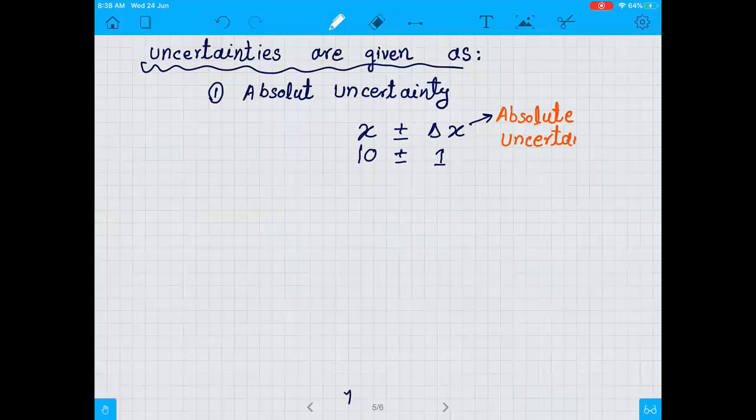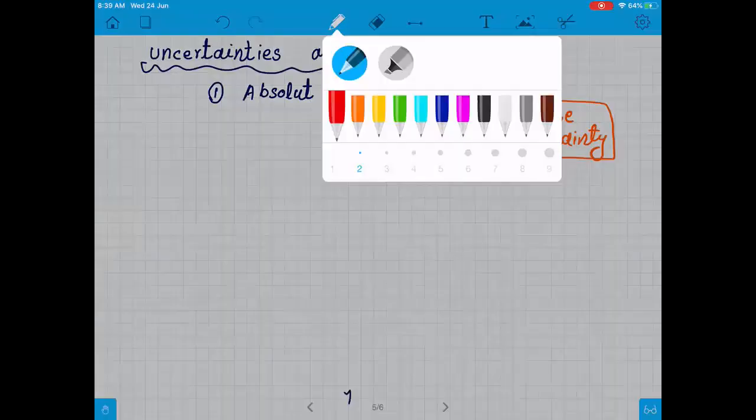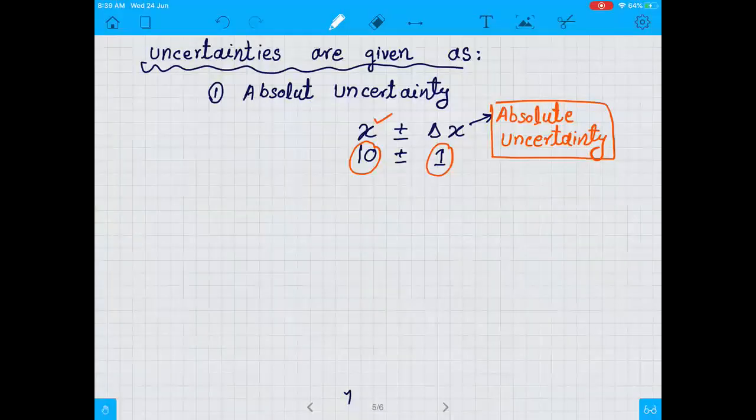In this case, the value of x is 10. So we can say that when x is 10, the uncertainty is 1. Then this is the principle for random uncertainties that if you increase or decrease the value, the uncertainty is affected in the same manner.